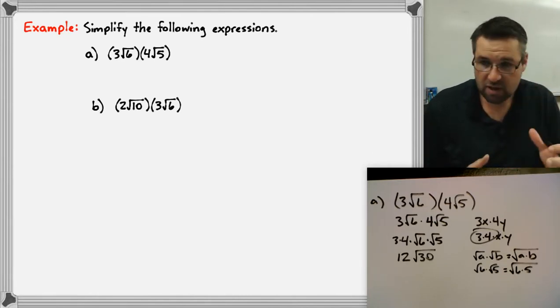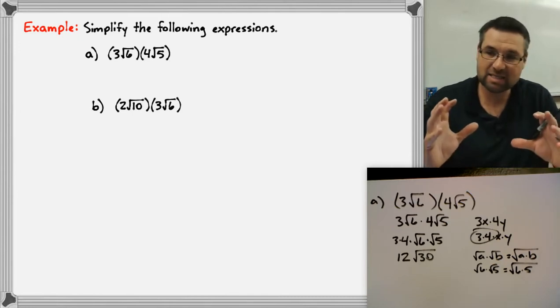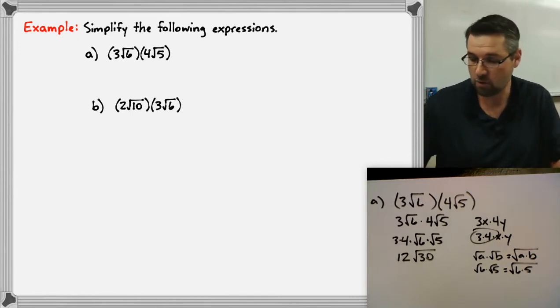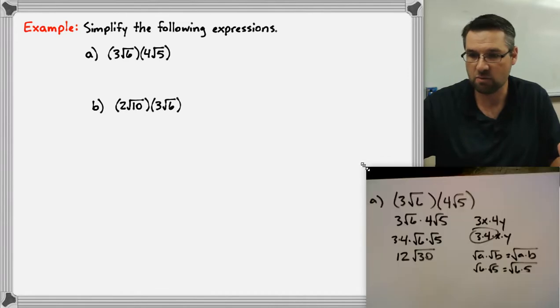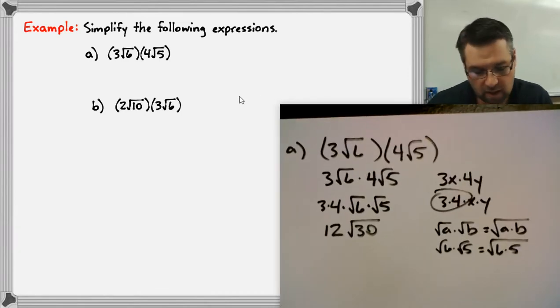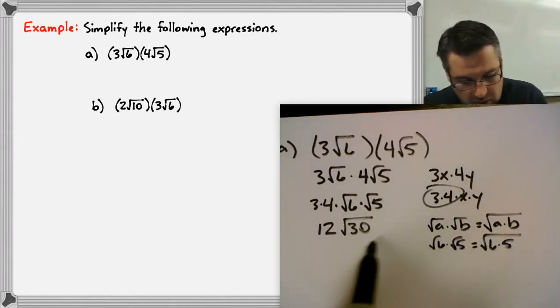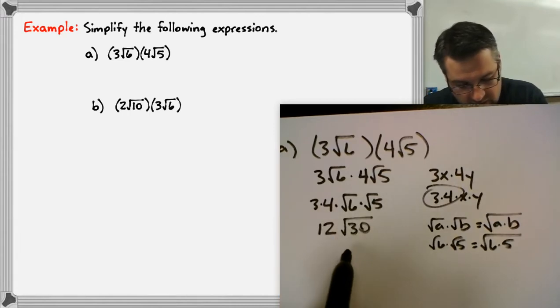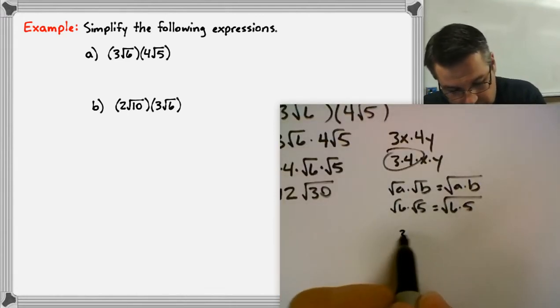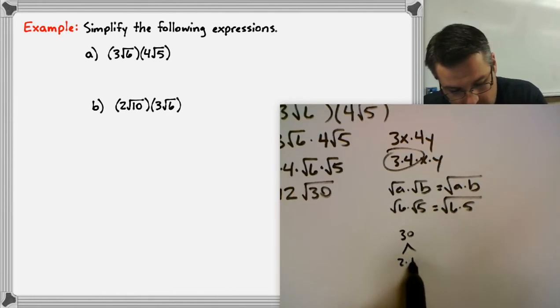The only other thing we want to make sure is that it is as simplified as possible. Is the radical simplified? I should make this screen bigger so you can see it a little better. And the way we would do that is we would factor out the 30. So doing the factor tree for 30, you end up with 2 times 15. 2 is prime. 15 is 3 times 5, and both of those are prime.